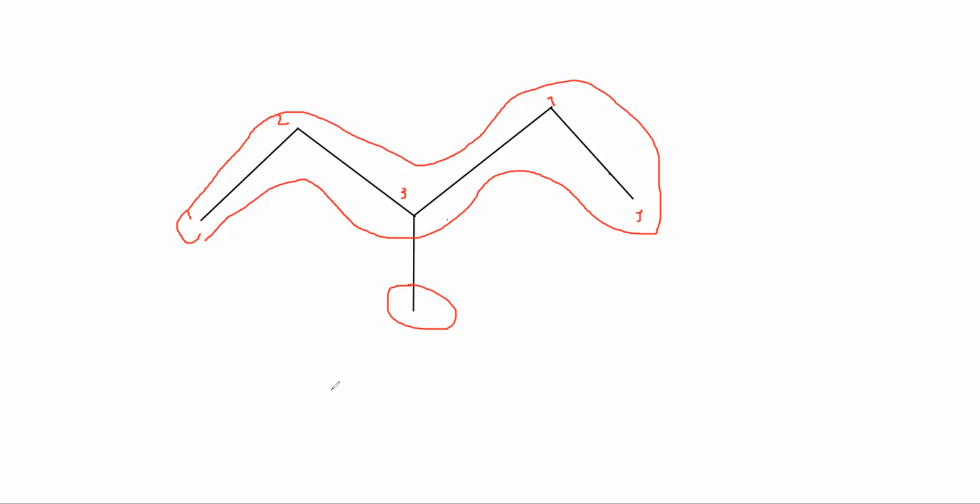And what's the position? It's the third position, so we'll say 3. Meth, because 1 carbon. Yl, due to the branch. And throughout the chain there are 1, 2, 3, 4, 5, so it will be pent and single bond: ane. So it is 3-methylpentane.